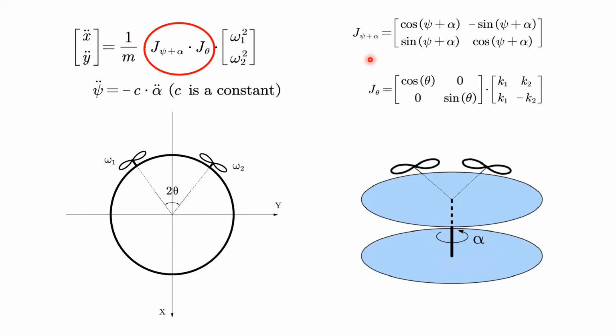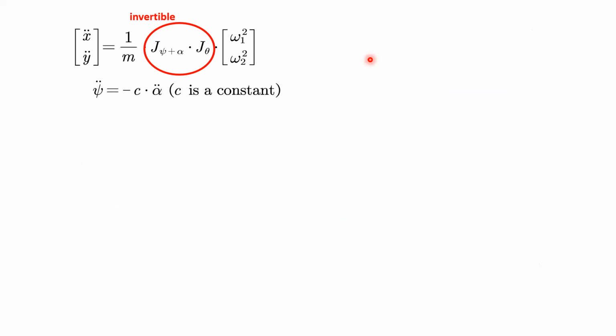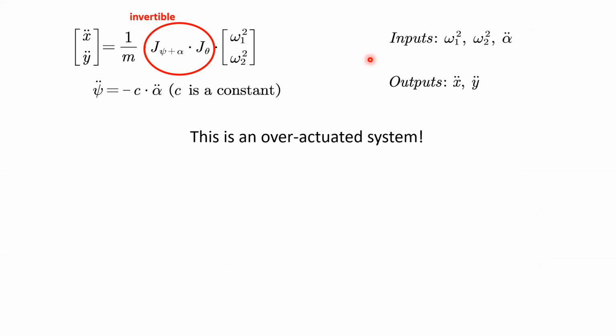But don't worry, all you need to remember is that the term in the red circle is invertible. The inputs are omega 1, omega 2, alpha double dot. The outputs are x double dot and y double dot. Since the number of these inputs is greater than the number of outputs, this is an over-actuated system.